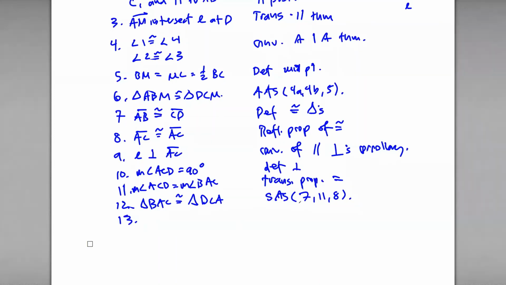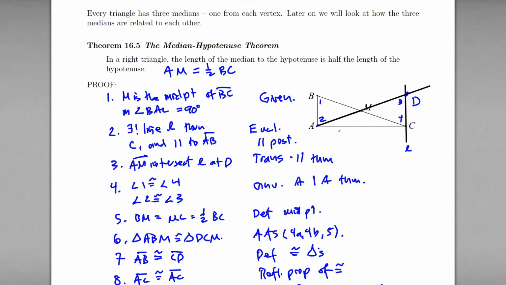Okay, so now that we're here, we do as we wanted to before, talk about how this measure is equal to that measure, and observe that we have an isosceles triangle. Oh no, I'm sorry, we do use that.